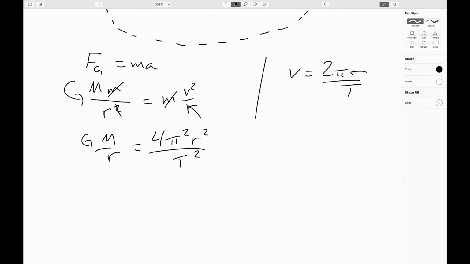Okay, and then we can go ahead and rearrange this to get T squared on the left and everything else on the right. So I'll multiply through by T squared, and I'll multiply through by r over GM on the other side.